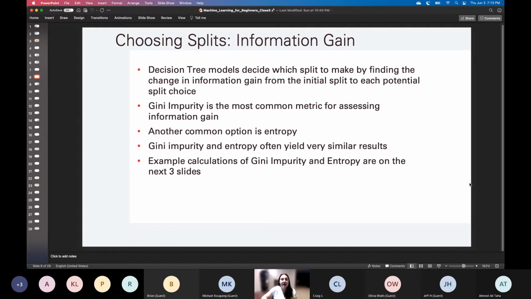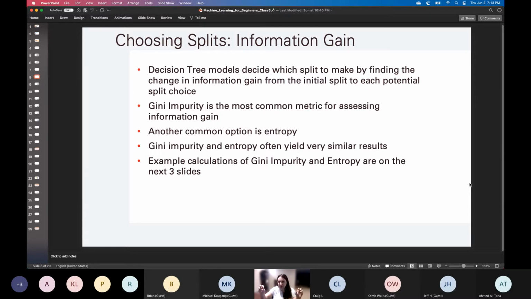There are different ways to measure information gain. The most common one is to look at Gini impurity. It has a specific formula that I'll go over in a second. Another common one is entropy, and in practice they usually yield pretty similar results.